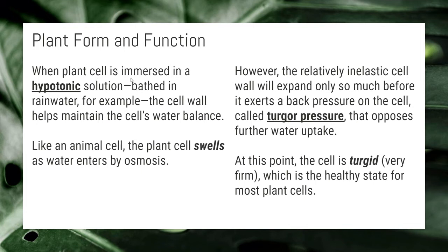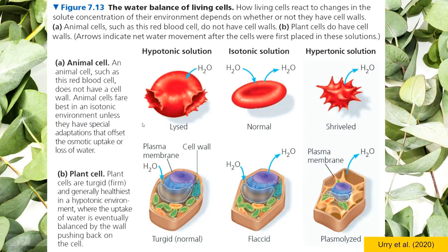When a plant cell is immersed in a hypotonic solution, for example, rainwater, the cell wall helps maintain the cell's water balance. So we've mentioned this, that plant cells are generally healthiest in a hypotonic environment. So in this case, rainwater, the water molecules will move into the cell.